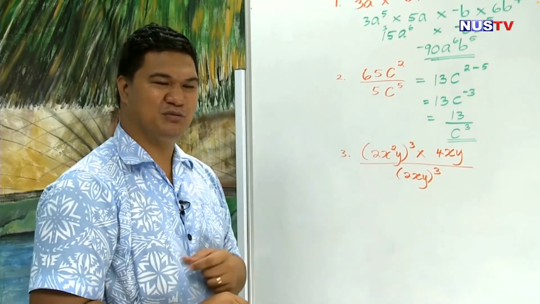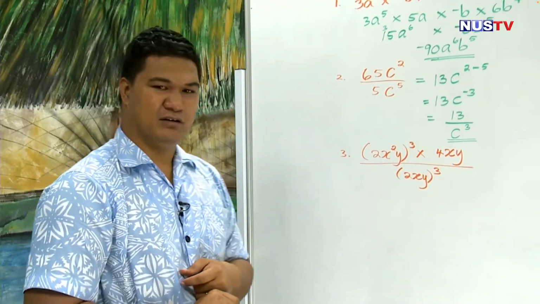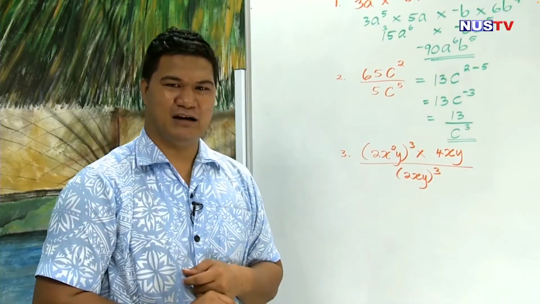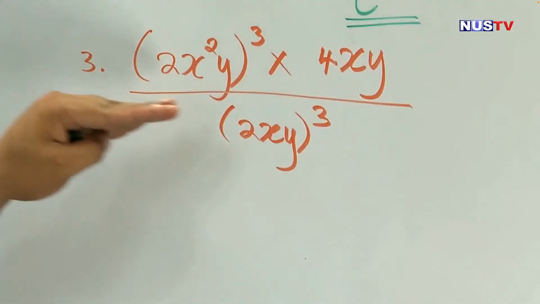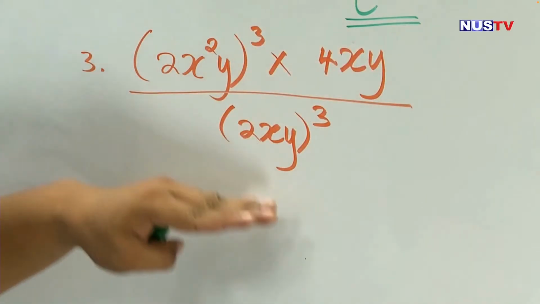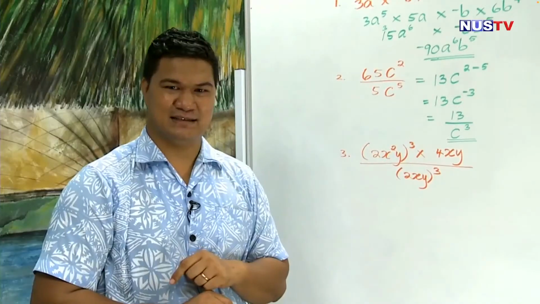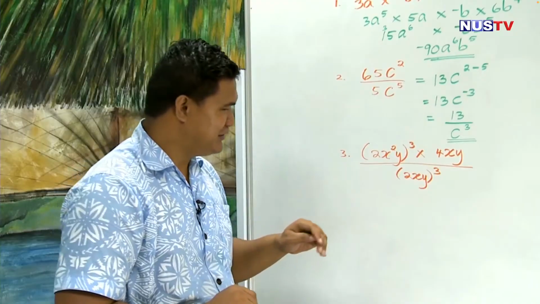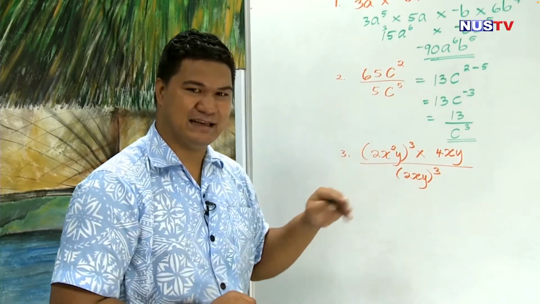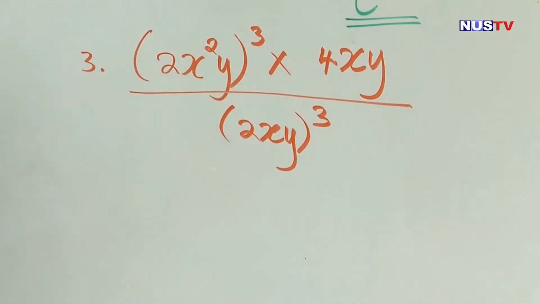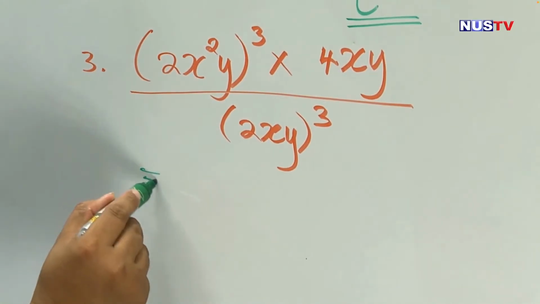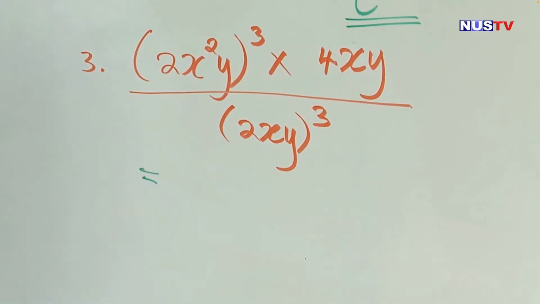As we know from our laws of operation, we take care of the multiplication on the top first, and then we take care of the division last. But before we do that, we need to understand our laws of indices in order to take care of that multiplication.